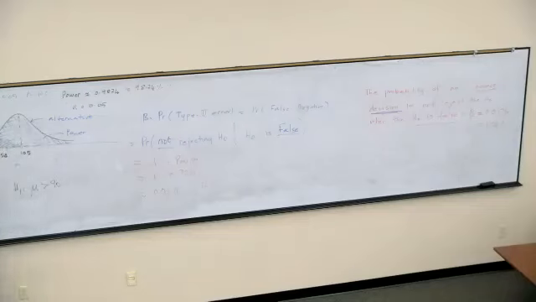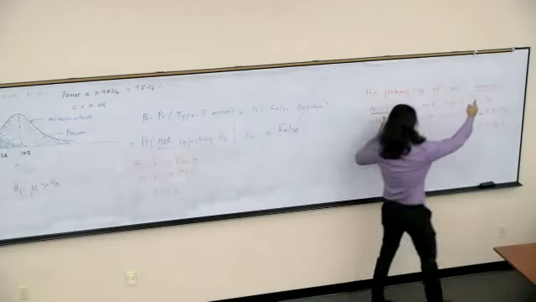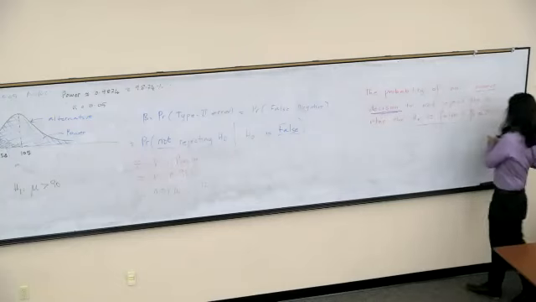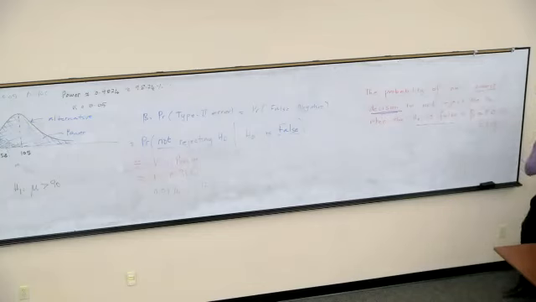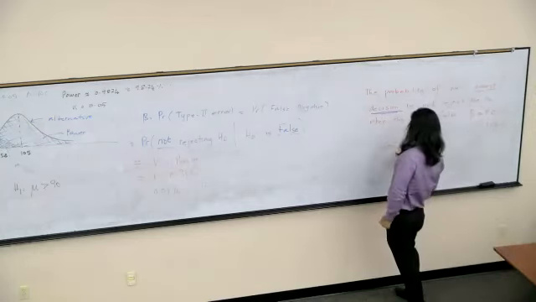Good. So keywords are making the correct decision when the null is false. It is a small probability, so the decision to not reject is not the correct decision.